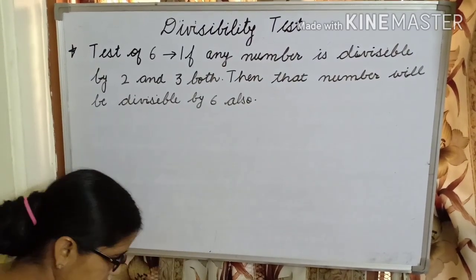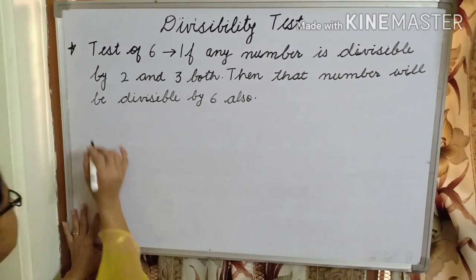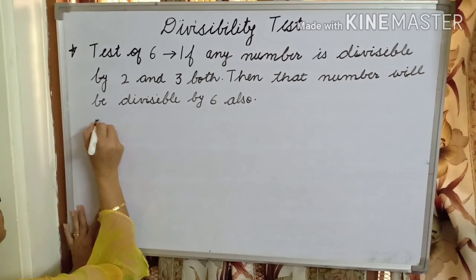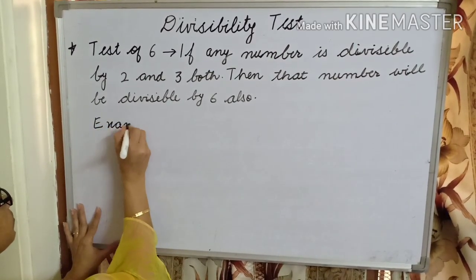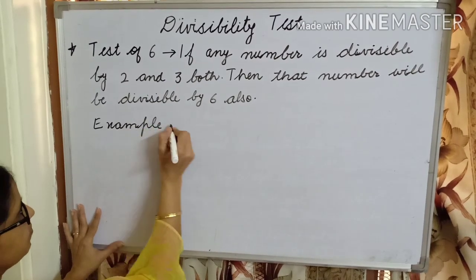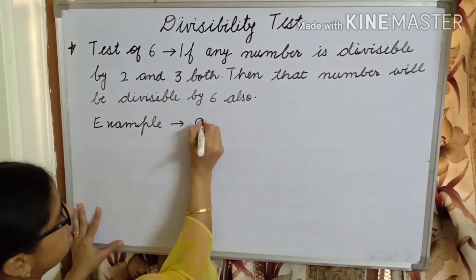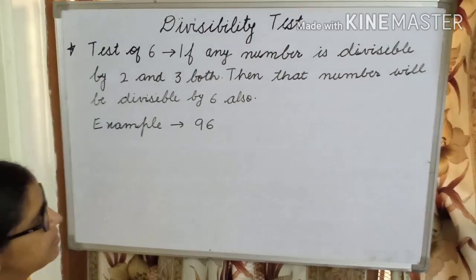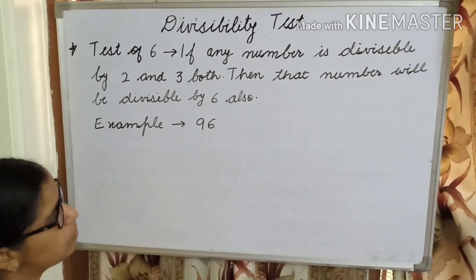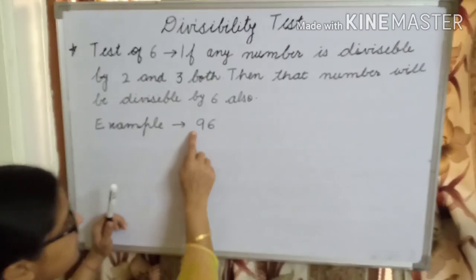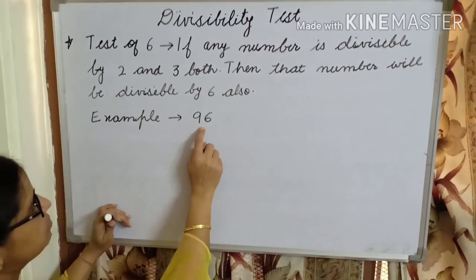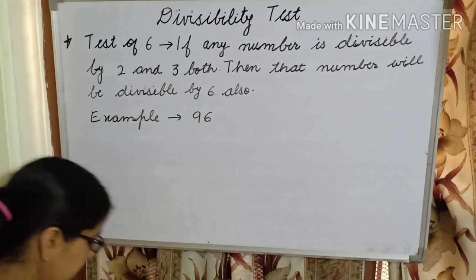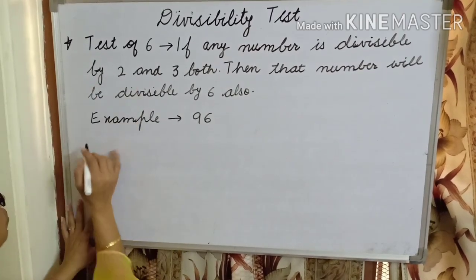Now I am giving you a simple example. Suppose I have taken 96. What I have taken? 96. Then what you will do? You will check this 96 for divisibility. First, you have to check for 2.